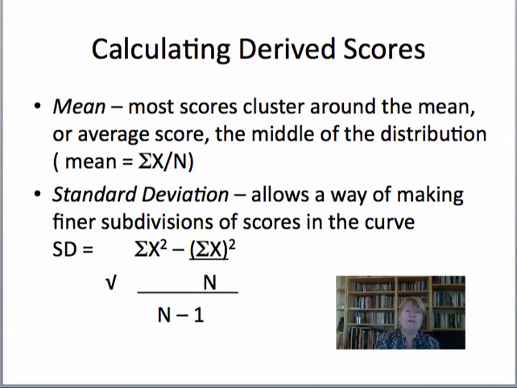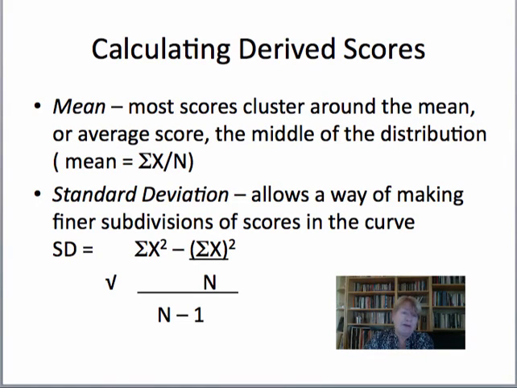So the formula says the square root of the sum of all the scores squared. Scores squared. Well, that means that we take all of the scores that we have and we square those scores and we add them up and we get a number that is the sum of all of those squared scores. That's the number that we're going to put in there.